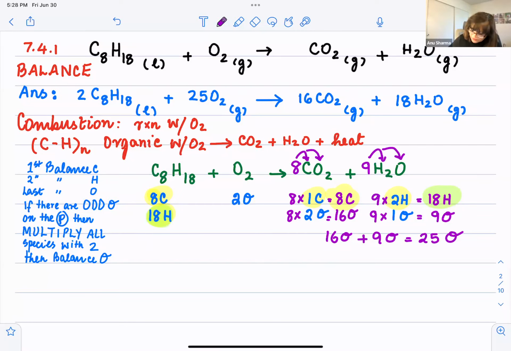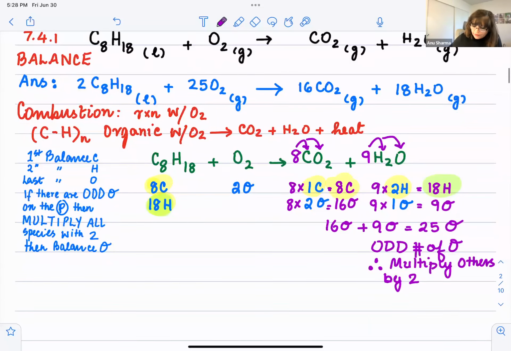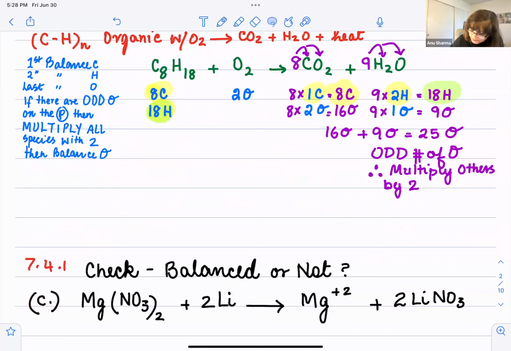Remember, this is an odd number of oxygens. So what will you do? Therefore, multiply the others by 2. We will have to rewrite this whole thing.